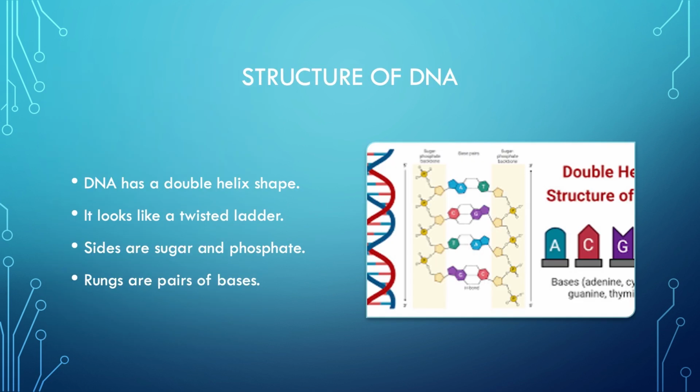DNA has a distinctive structure called a double helix, which looks like a twisted ladder. The sides of the ladder are made from sugar and phosphate molecules, while the rungs are made from pairs of bases. There are 4 different bases in DNA: adenine, thymine, cytosine, and guanine.